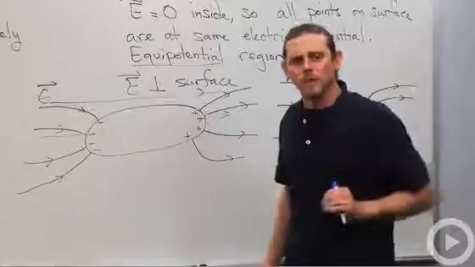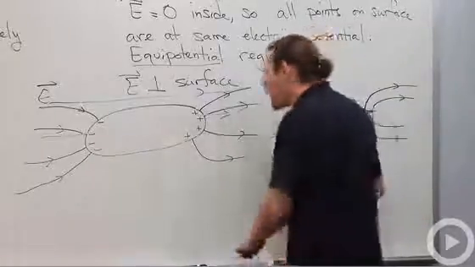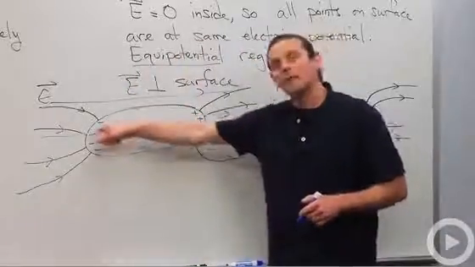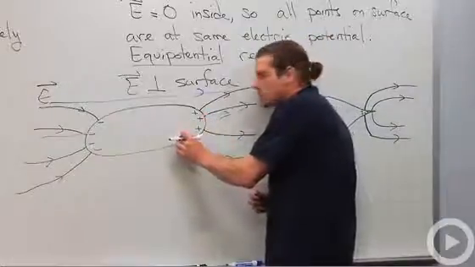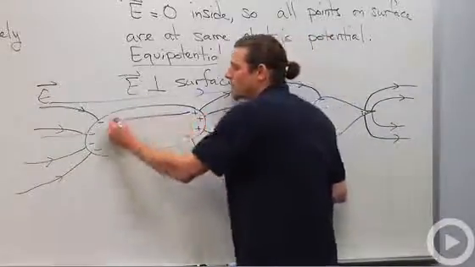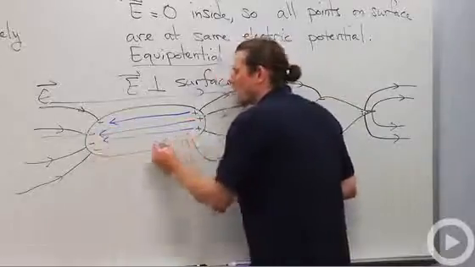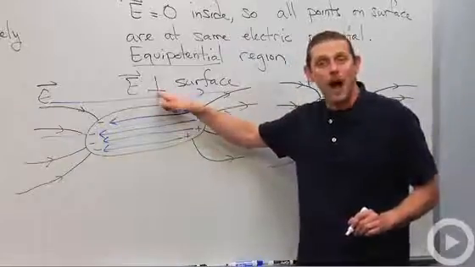Now, you may be wondering, how is it that the electric field is 0 inside? Here's the idea. When we've got this positive and negative, the electric field associated with these positive charges will push this way toward the negative charges. And what that does is it cancels out the electric field from outside.